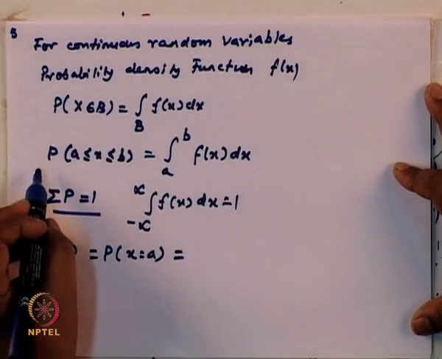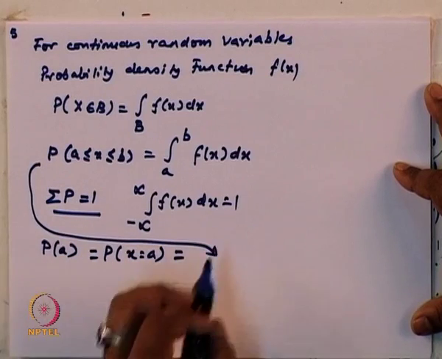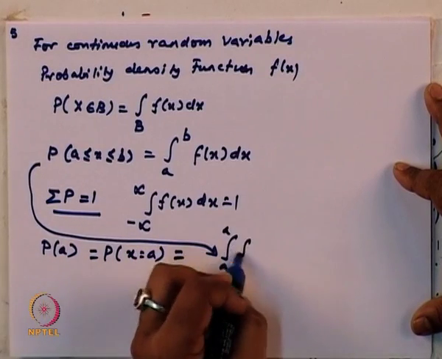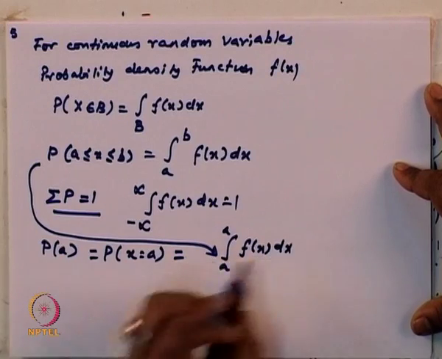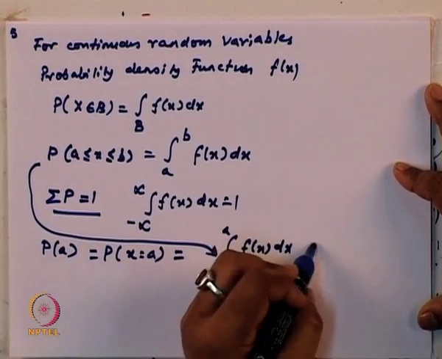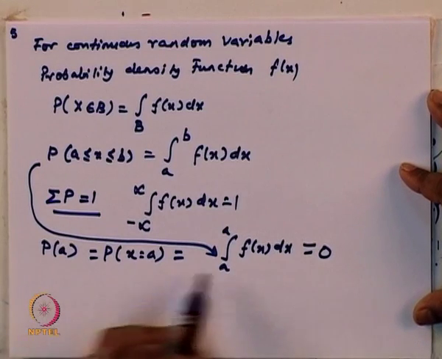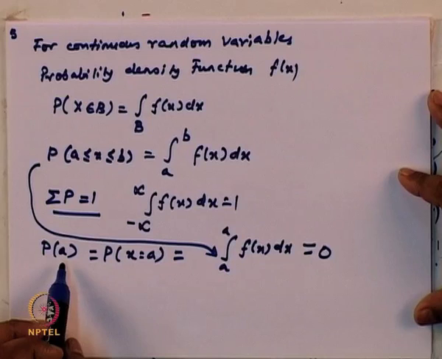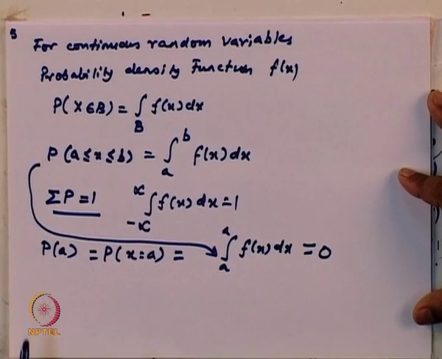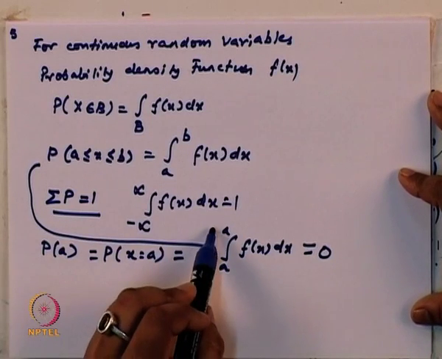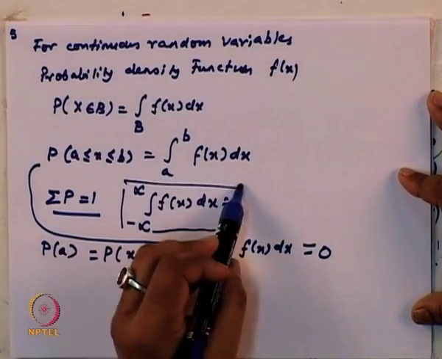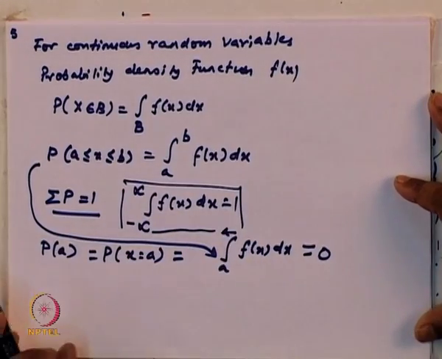I can simplify from this equation and write it simply as the integral from a to a of f x dx, and what is the integral from a to a of f x dx? It is nothing but 0. So, for a continuous random variable, the probability of any single value is always 0, whereas you must always have the total integral equal to 1, which has to be followed by the probability density function.